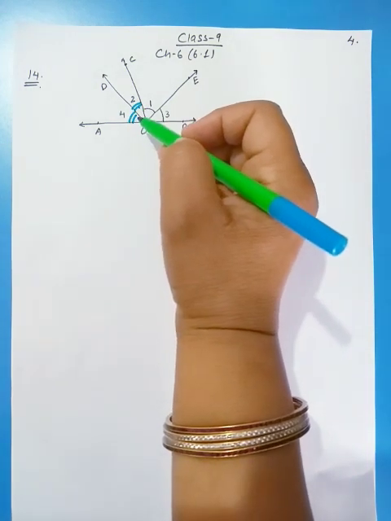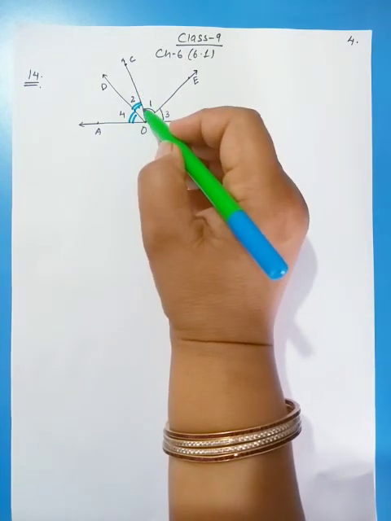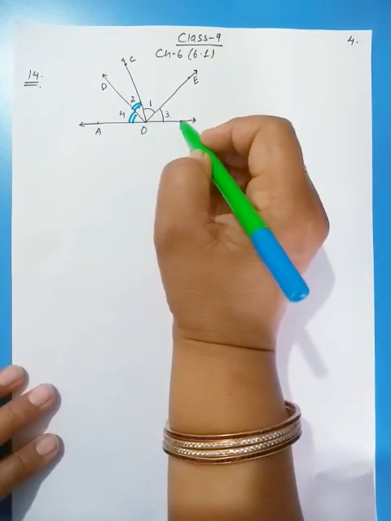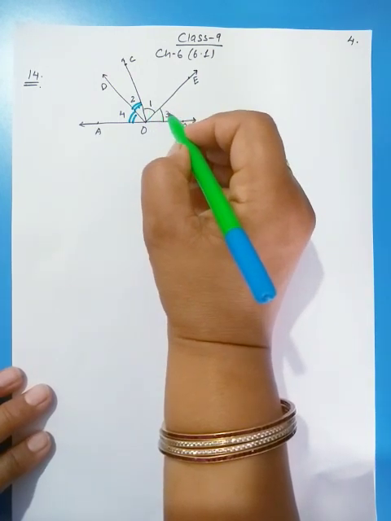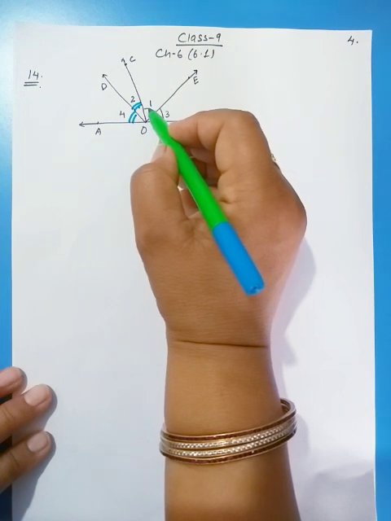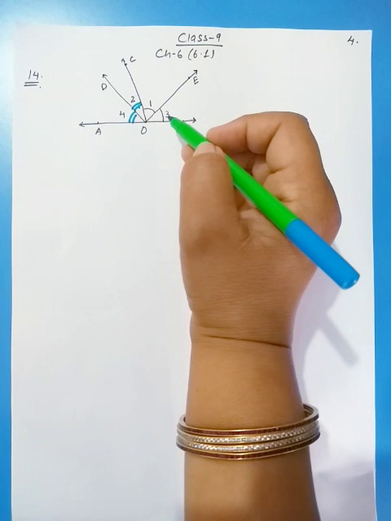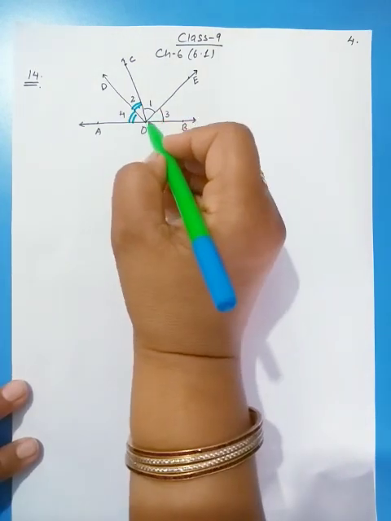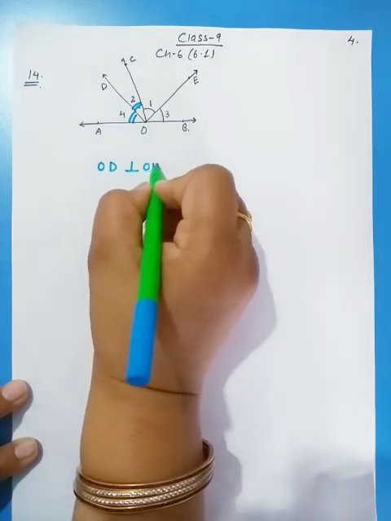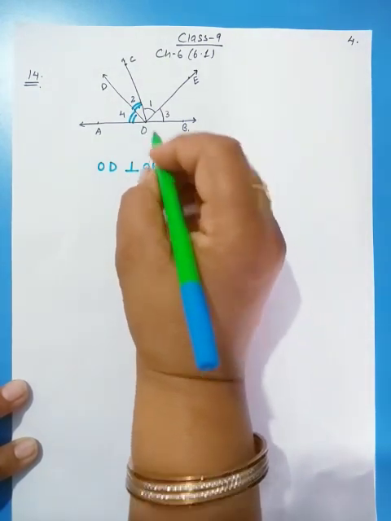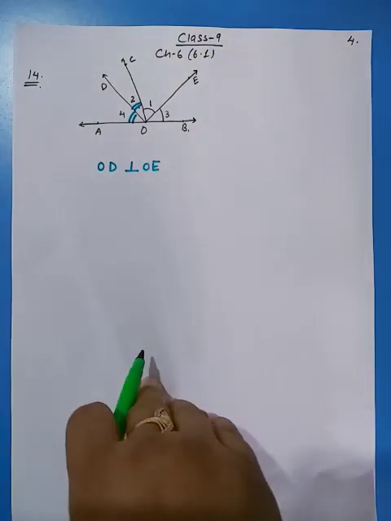And OE is the bisector of angle BOC, meaning both the parts of angle BOC are equal, and the two parts of angle BOC are angle 1 and angle 3. So it means according to the question angle 1 is given equal to angle 3. And next it is given that OD is perpendicular to OE. OD perpendicular to OE means angle 1 plus 2 is of 90 degree.